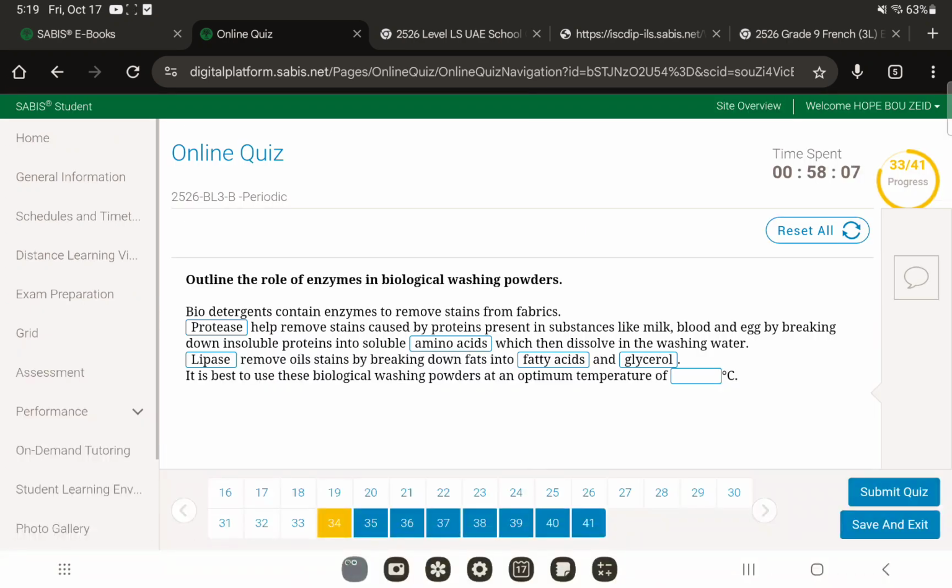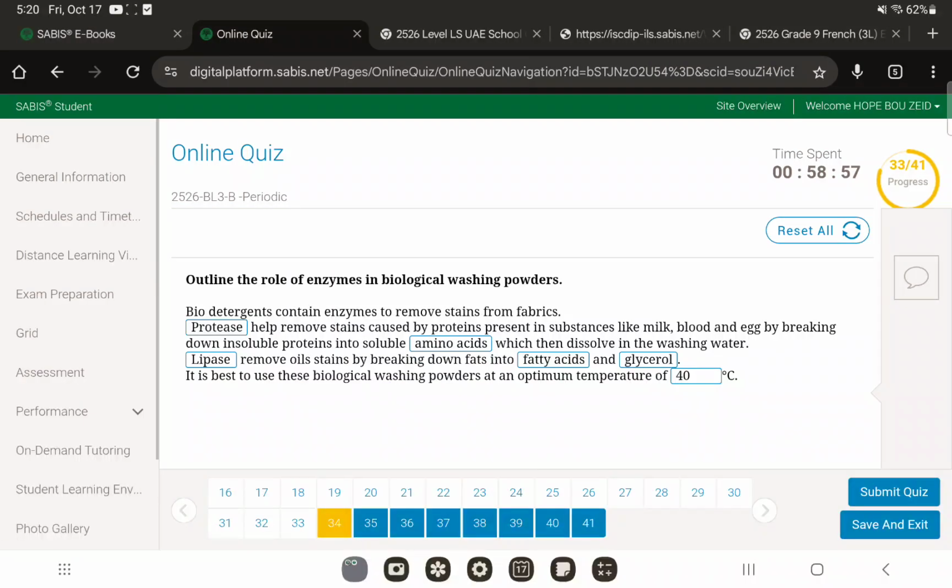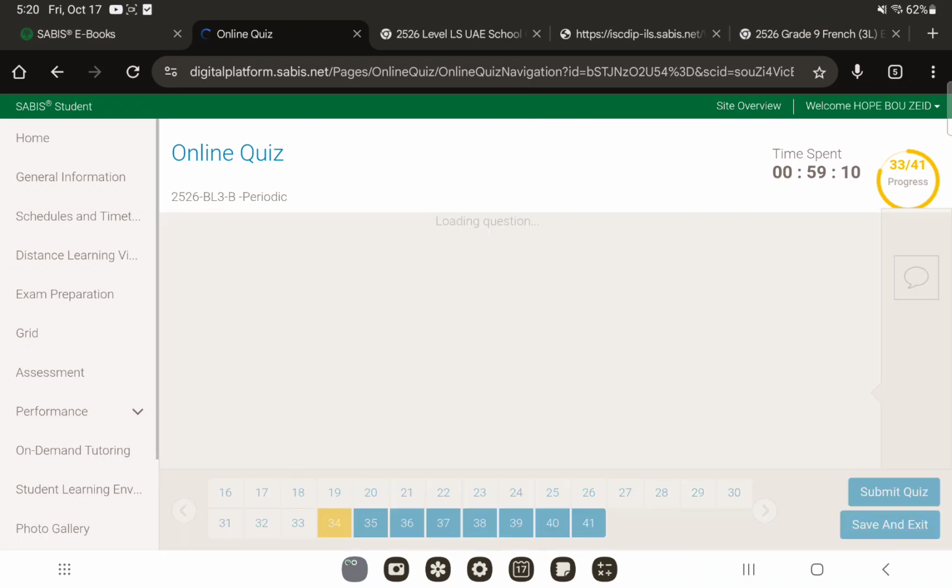Okay. It is best to use these biological washing powders at an optimum temperature of 40. So this, you just have to memorize it. I don't actually think it was mentioned in the book, but you do have to memorize it. Optimum temperature of 40 degrees Celsius. It might come in the exam, it might not, but it's just good to know it anyway.